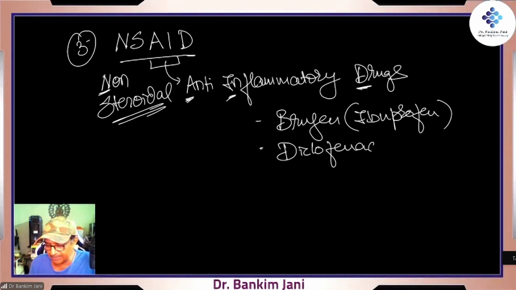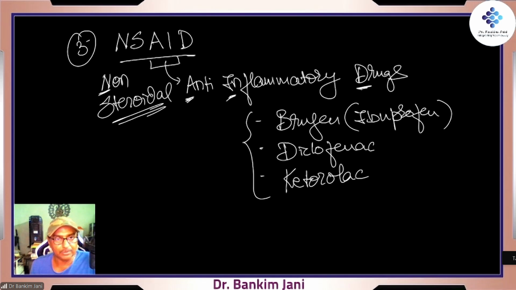When we discuss this, we'll go into more detail about what really happens with the sodium salt and the potassium salt. Then one very powerful, ketorolac. All these are basically painkillers, and collectively they are called non-steroidal anti-inflammatory drugs.